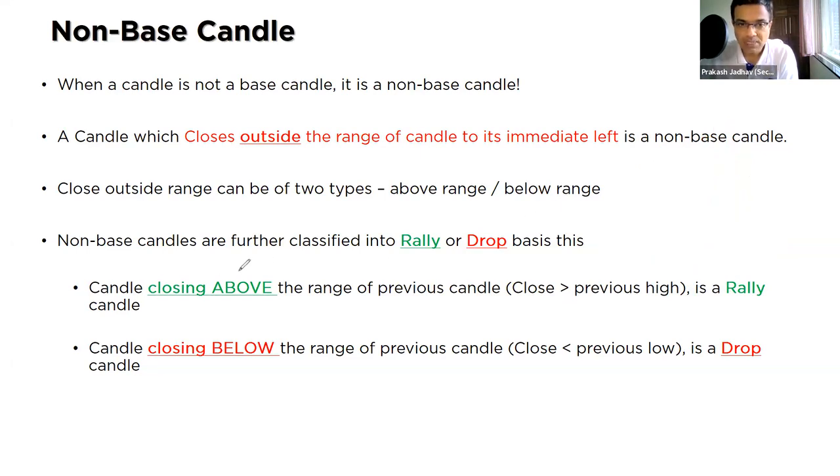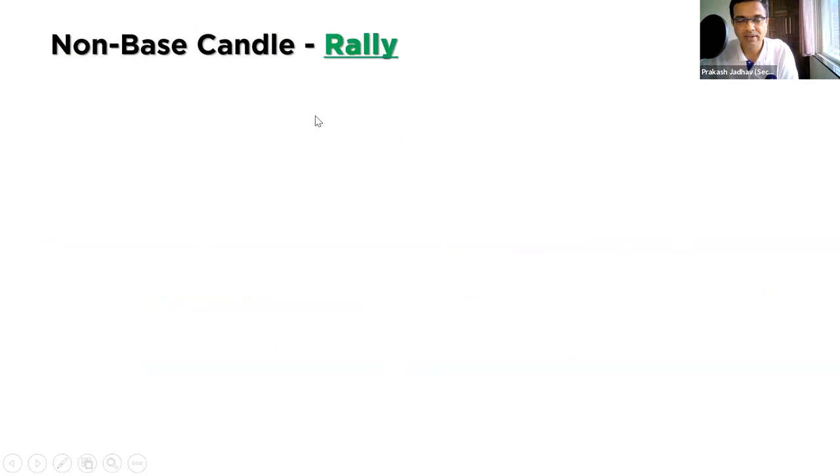A non-base candle is further classified into rally or drop. A candle closing above the range of the previous candle is called a rally. A candle closing below the range of the previous candle is called a drop. Now let me give you an example in the subsequent slide.